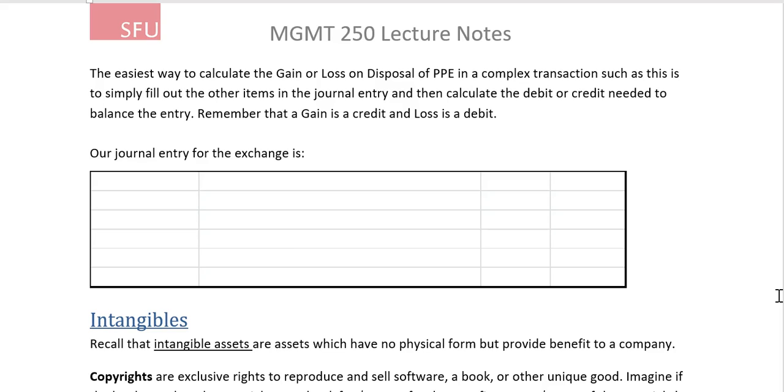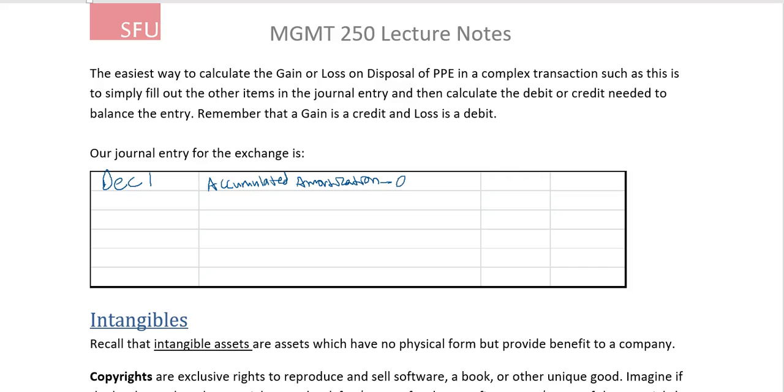Gain is credit, loss is debit. So we'll just jump right in and we'll start plugging in numbers. So amortization, no issue. We'll get the debit to accumulated amortization again, and I'll try to write smaller this time. Accumulated amortization.